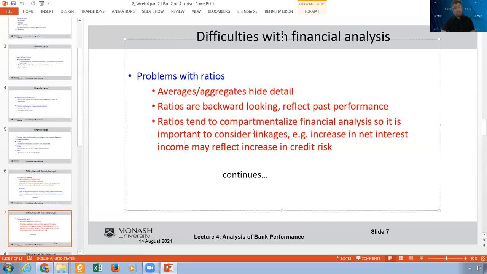compartmentalize? Compartmentalize means you go and study, for example, the common ratios, and you calculate the activity ratios. Activity ratios, for example, the turnover, asset turnover, which means sales over the total assets, and then you have any other turnovers for the activity.